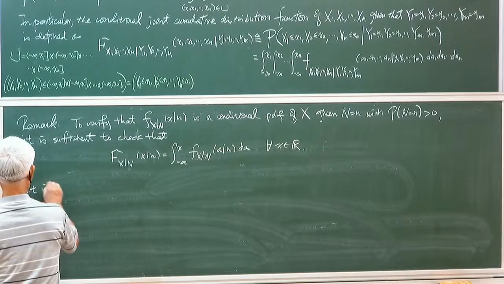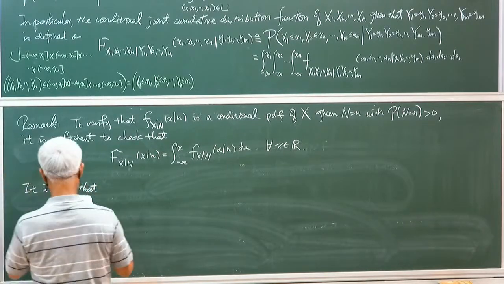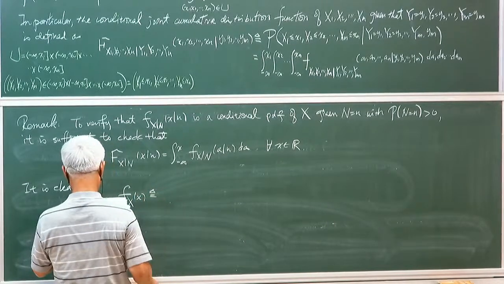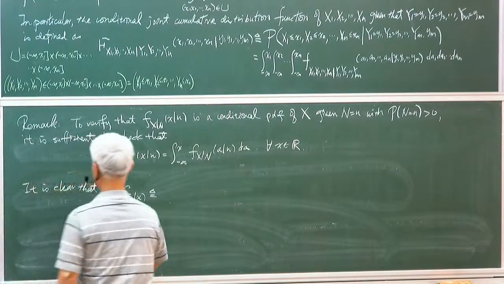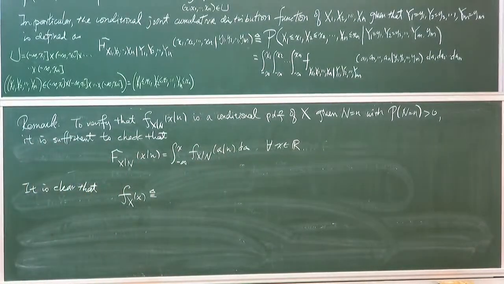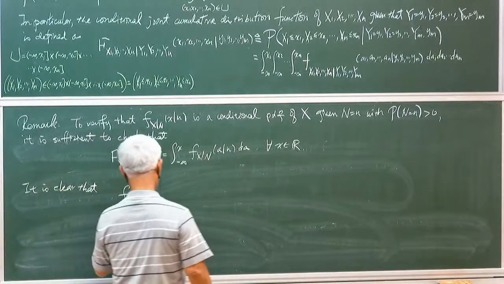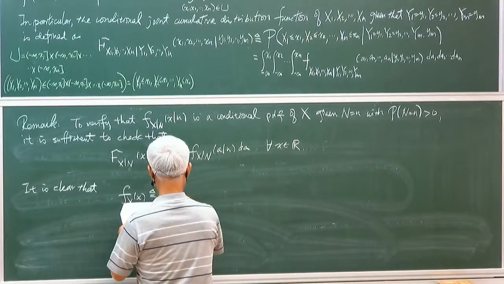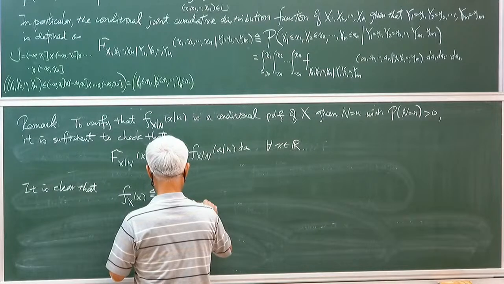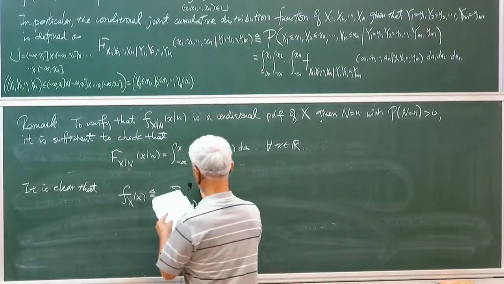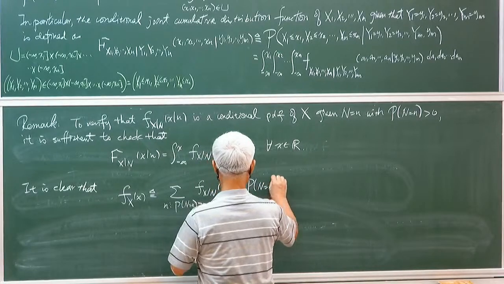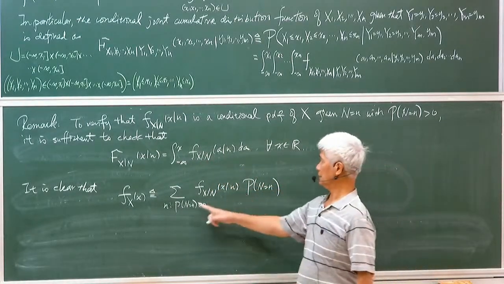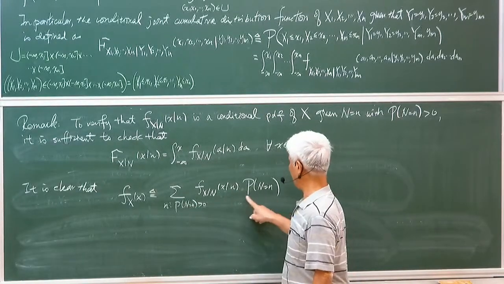Now, it is clear that if a random variable is conditionally absolutely continuous given the random variable N, then we can define a function which is the sum of all conditional PDFs of X given N equal to little n, weighted by the probability of this event.